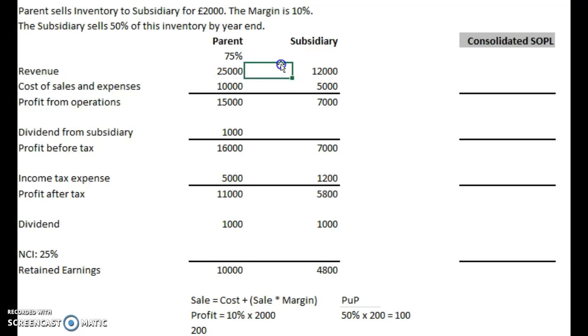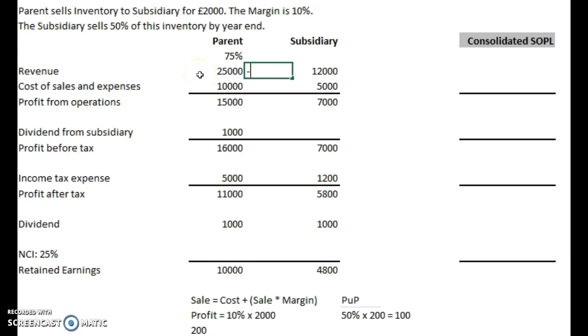Right, so let's do the first adjustment. We're going to have to remove the transaction between the seller and the purchaser. So who sold? In this instance, the parent sold to the subsidiary. So the parent's revenue is overstated by the amount of the transaction.